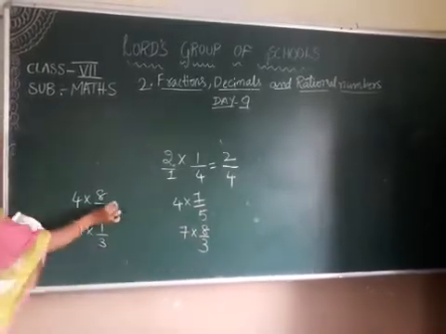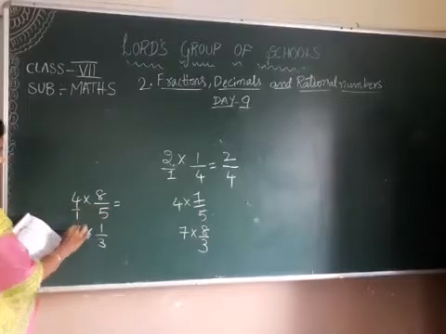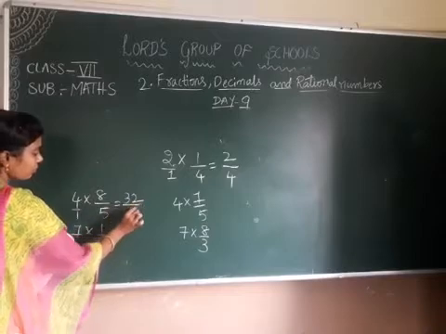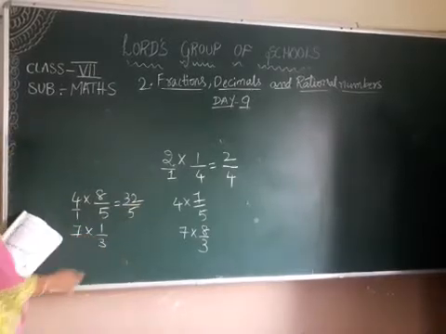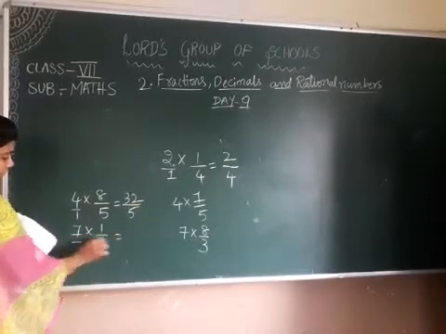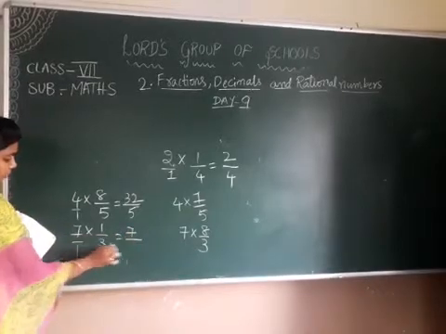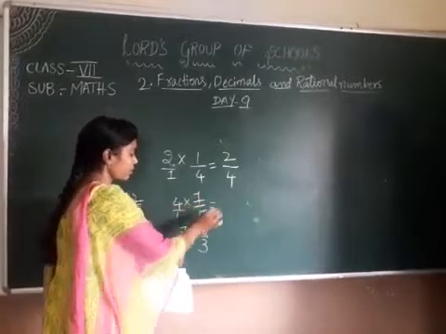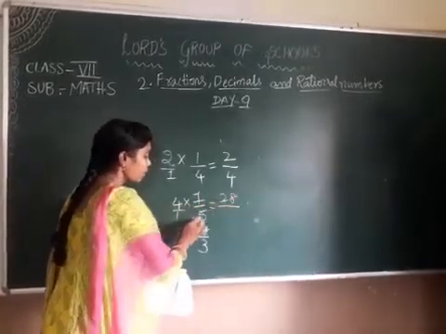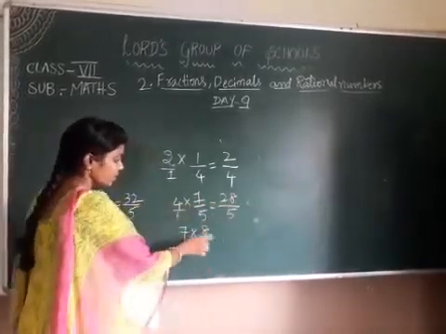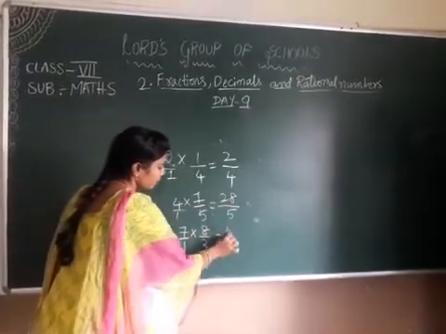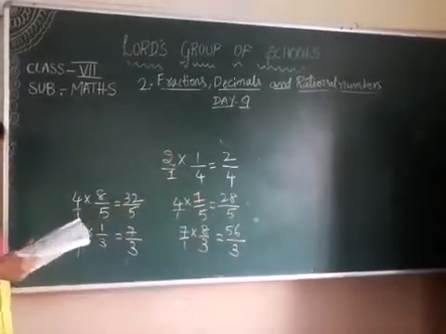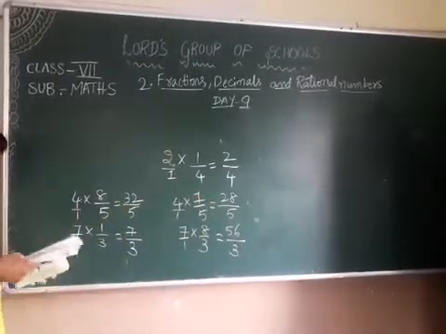Here the denominator is not given, so we write 1. 4 into 8 by 5: numerators, 4 into 8 is 32, by 5. 7 into 1 by 3: 7 by 1 into 1 by 3, which is 7 by 3. 4 into 7 is 28, 1 into 5 is 5. 7 into 8 is 56, 1 into 3 is 3. In this way we should complete all our multiplications.